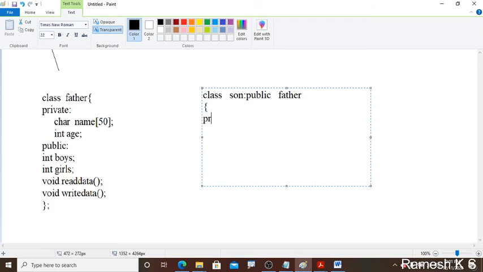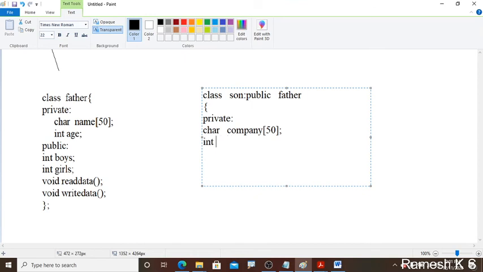Inside the parentheses, I am taking the private access specifier. In this private access specifier I am taking char company of 50 characters and float salary. You can say int also, no problem.